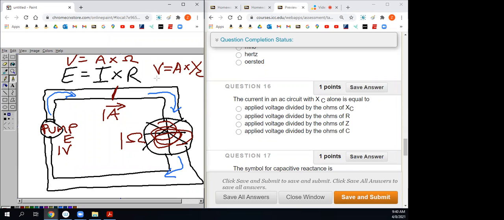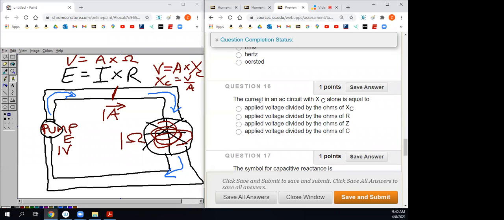So capacitive reactance, algebraically, if you solve it, equals voltage divided by current. Or E over I.